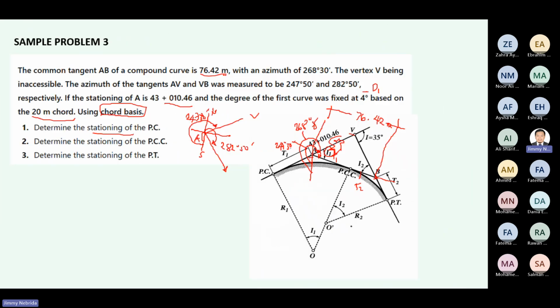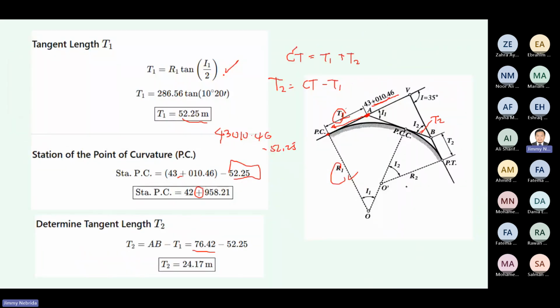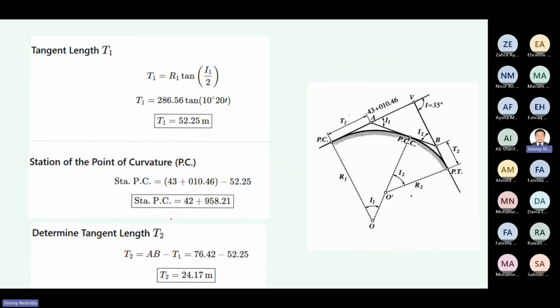What's the question, by the way, again? The last question: PCC, you have to calculate, and then PT. Once you have T2, everything could be calculated.